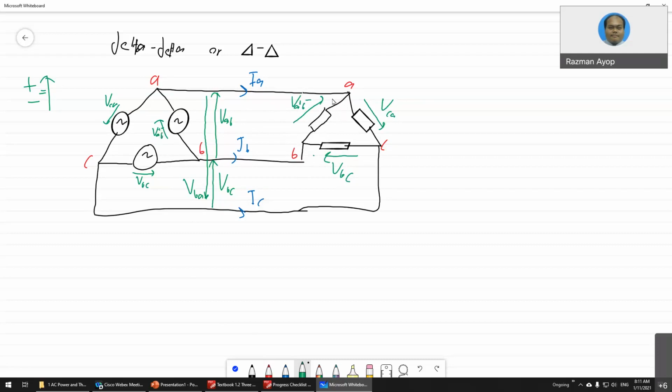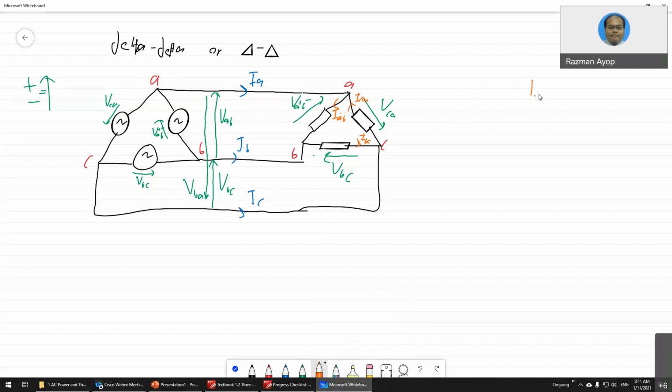How about the current? For current you have to be careful, because for load and source the current is flipped. For current, IAB means go from A to B. Okay, it's flipped. This one is IBC, and this one is ICA.